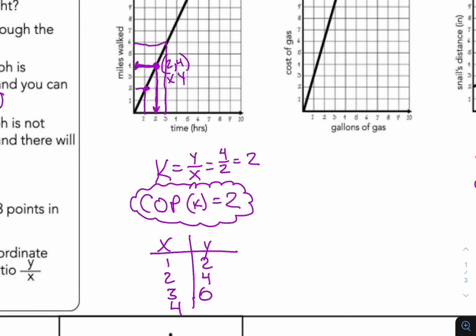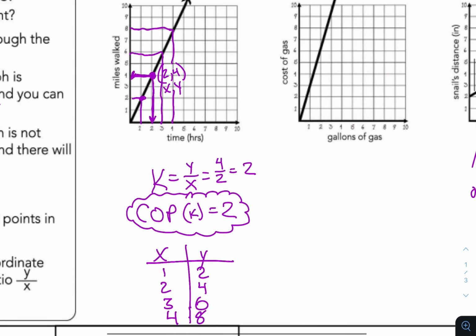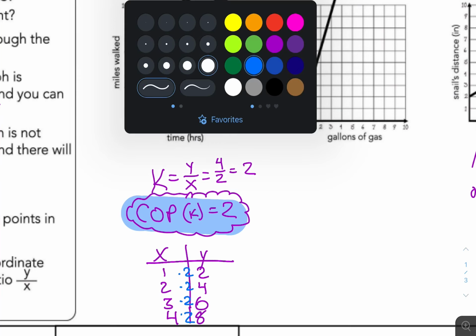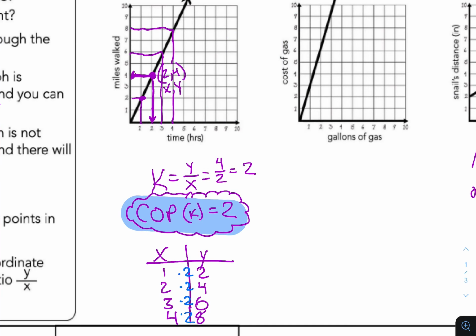And when x is 4, y is 8. Here you can clearly see that your multiplier is what? Times 2, times 2, times 2. Do you think that this is a coincidence? That your constant of proportionality is the same as your multiplier?